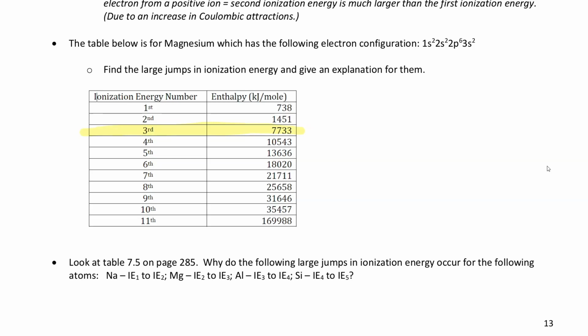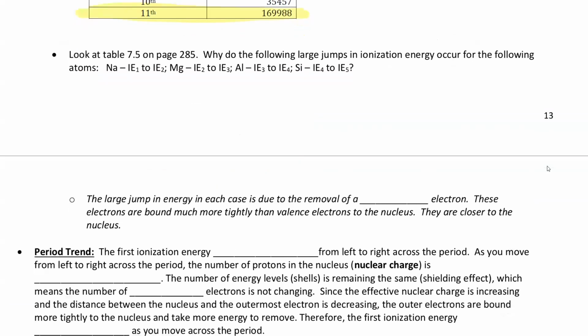Where's the other huge jump? 10 to 11. What happens at 10 to 11? Yeah, it's that other shell of electrons. Okay, great.